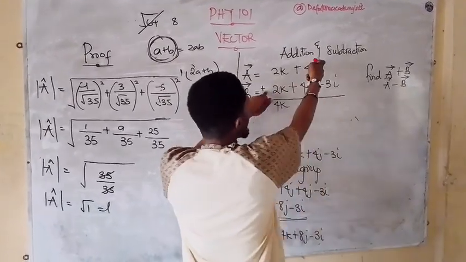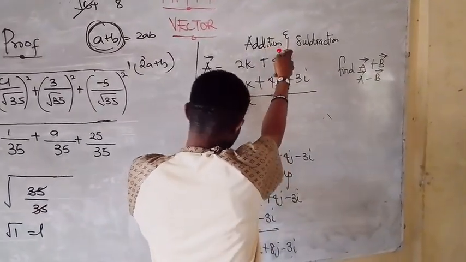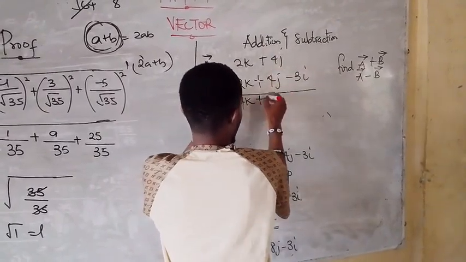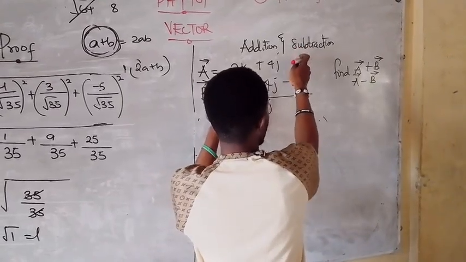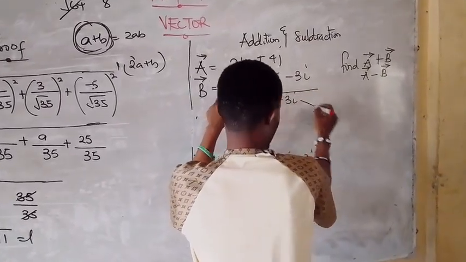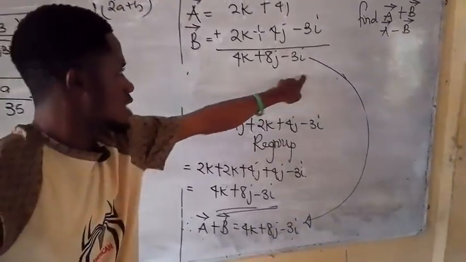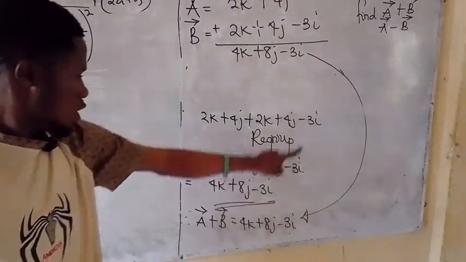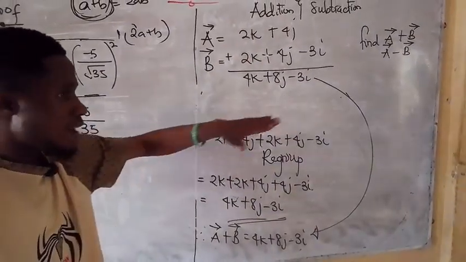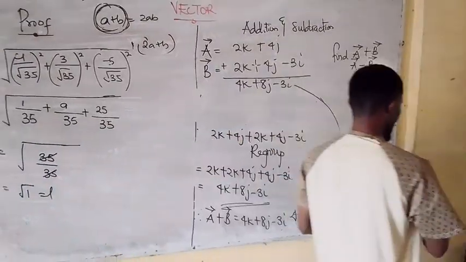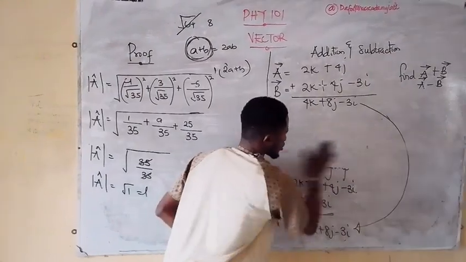Plus 4 plus 4 will give me what? 8j. There is nothing for this guy to multiply with. I'll just bring down its sign, giving you the same thing here. So you can see that you can use this for your CBT. Very, very short. Use this for your second semester. They want to see your full working. This, I've arrived at my answer. Same thing. Let's do minus.